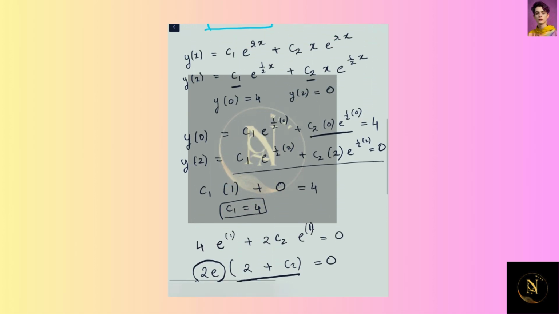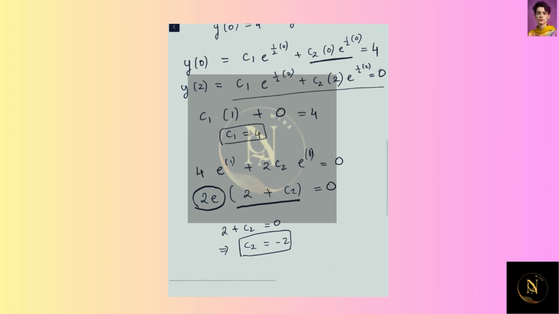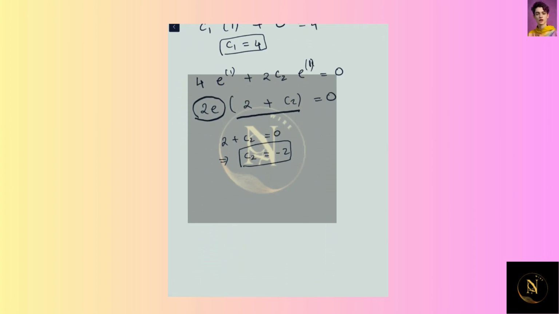Let's plug them into our general form. Our equation becomes y(x) = c1, which is just 4, e^(x/2) plus -2 x e^(x/2).